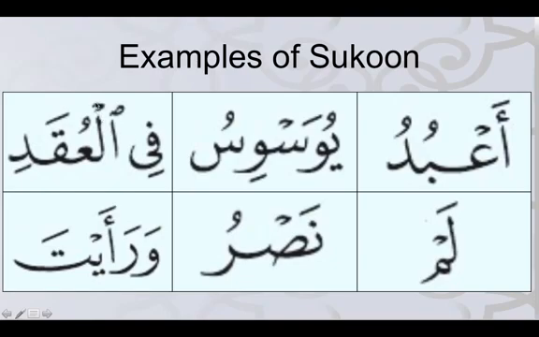So this lam sakina, lam sukun, has to be combined with this fa kasra. And how would you do it? How is this spelled out? This is how it's spelled out. Fa kasra lam sukun: fil. Notice we skipped the ya because it has no diacritic on it, and we skipped the hamzatul wasl, went straight to the lam. Fa kasra lam sukun: fil.